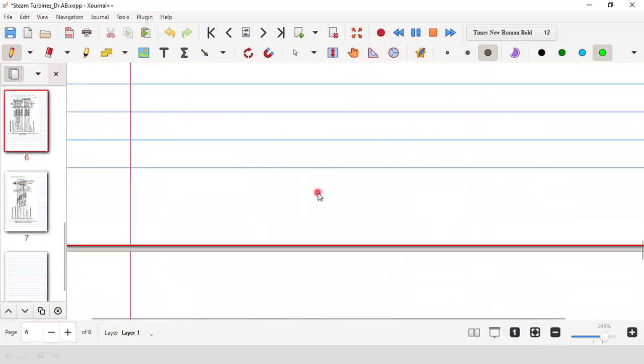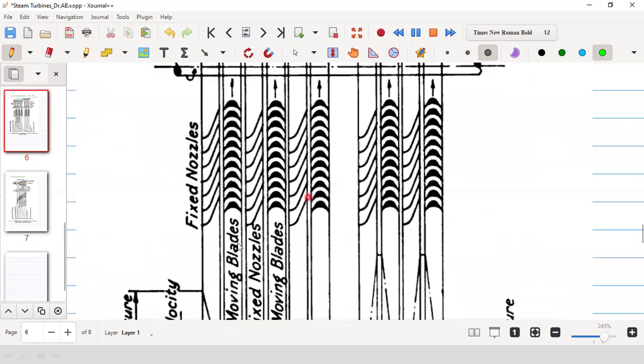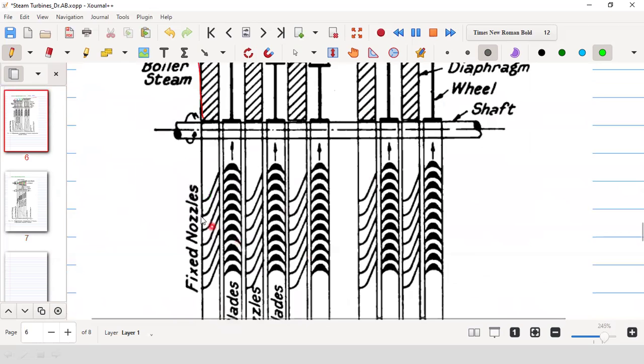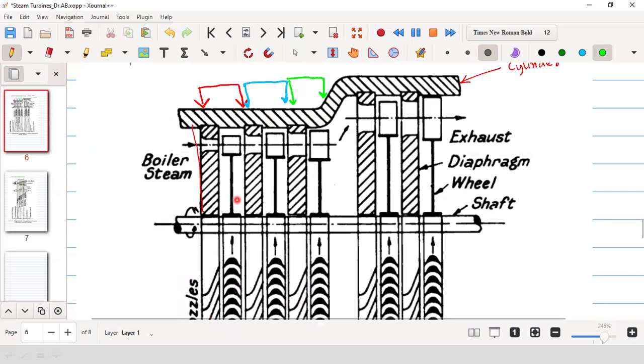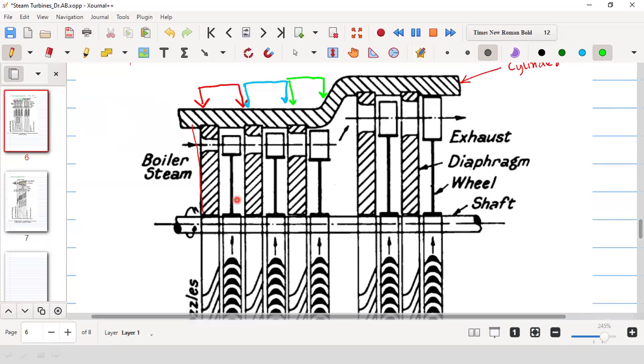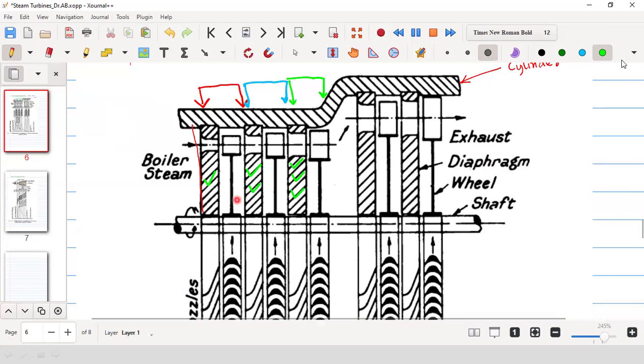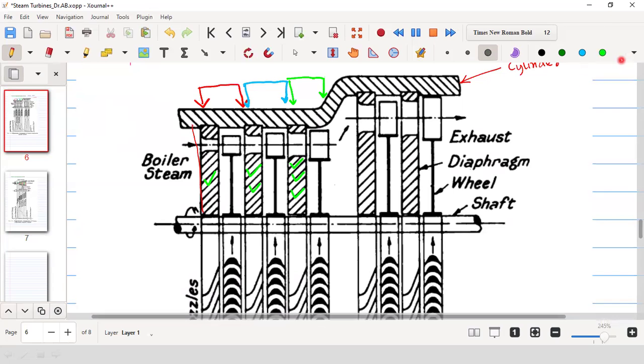In case of pressure compounding, instead of that, you have basically all different wheels. Here you have basically a diaphragm. So this first nozzle is this one, and then red, so it is 2, then it is 3. And accordingly, the red one I mark, this is 1, this is 2, and this is 3.